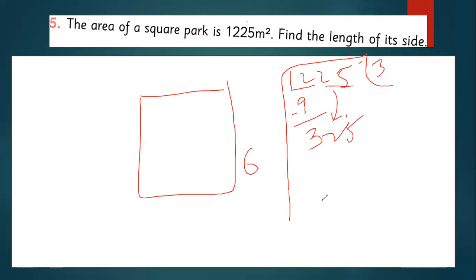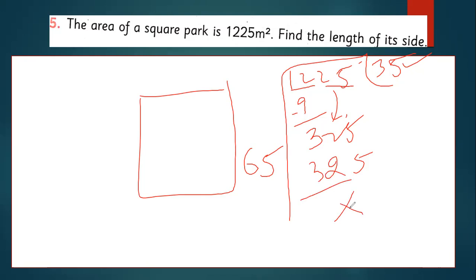So what table should I use to get this one? 6 6s are 36, but here we have 5. So in the table of 5, we can find: 5 5s are 25. 5, carry 2. Then 5 6s are 30, and this carry 2 makes 32.